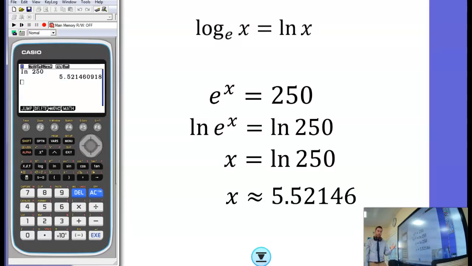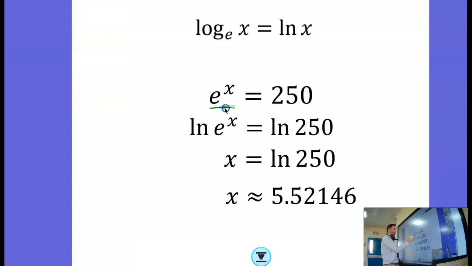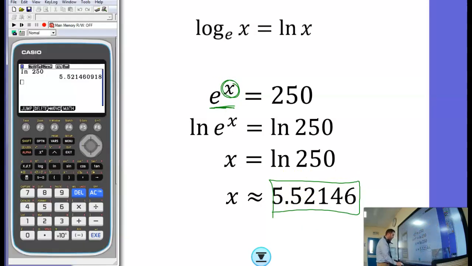So if you want to check that e to the power of something equals 250, we'll put this number in for x. Let's just check our answer, make sure that we're comfortable with both parts, the e to the power of and the natural logarithm. So I'll go shift on the same button as the ln.